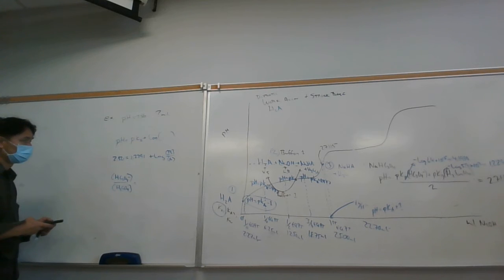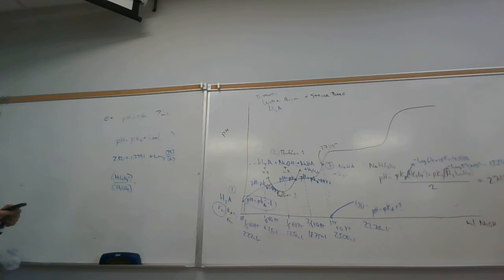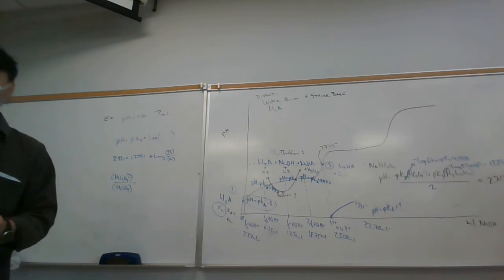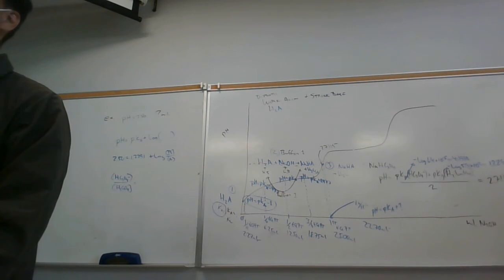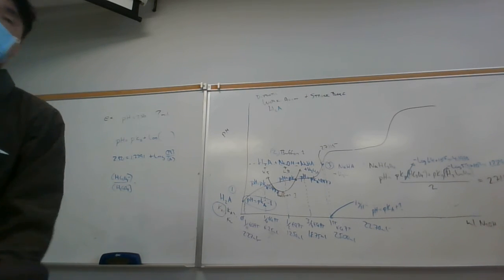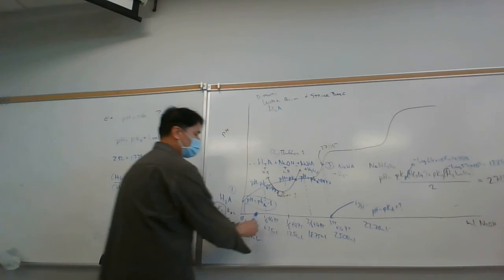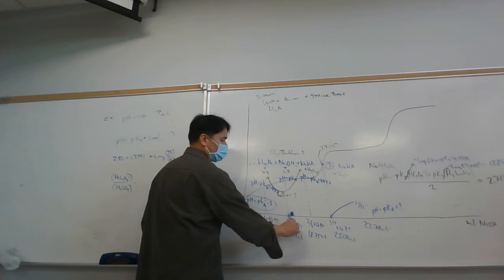You're asking how many milliliters of the oxalic acid do you need? No, we still have 25 milliliters of oxalic acid. What I'm asking is how many milliliters of base do I need? Where on this titration am I?